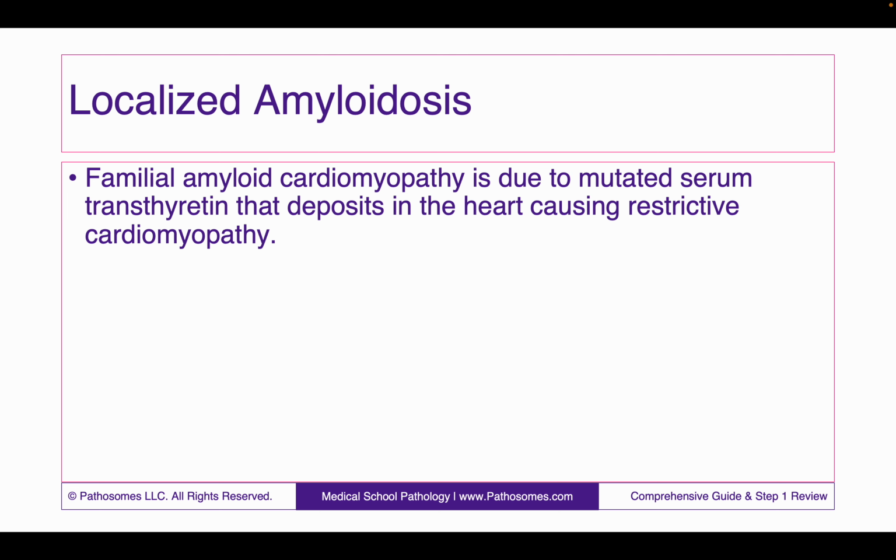That's a good way to remember it. Familial amyloid cardiomyopathy is due to mutated serum transthyretin that deposits in the heart, causing restrictive cardiomyopathy. If you can imagine a heart with extra proteins being deposited in it, it makes sense that it becomes rigid and restrictive in structure, right?